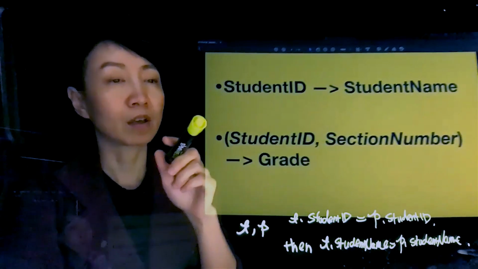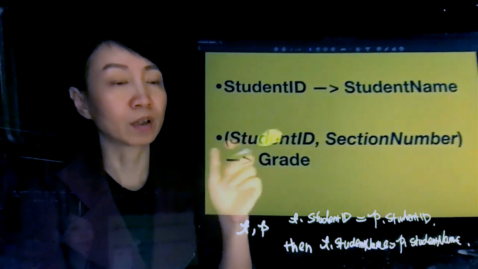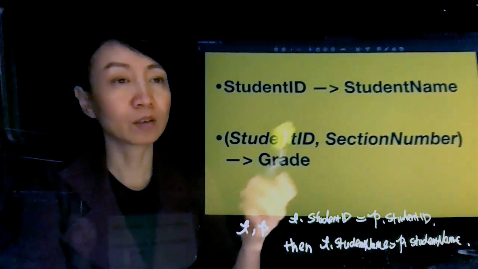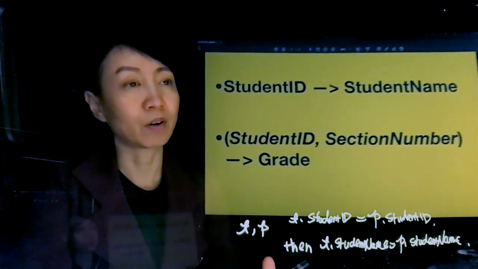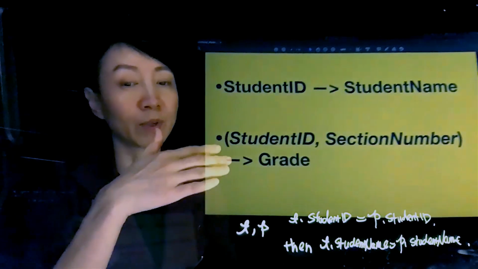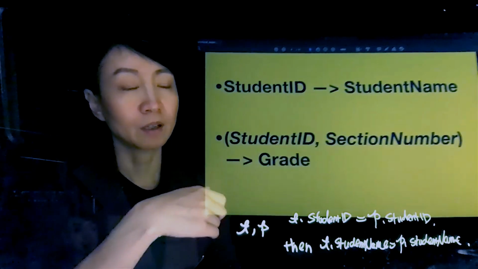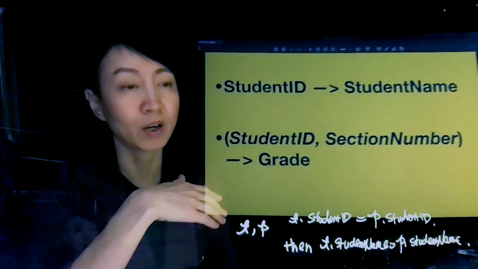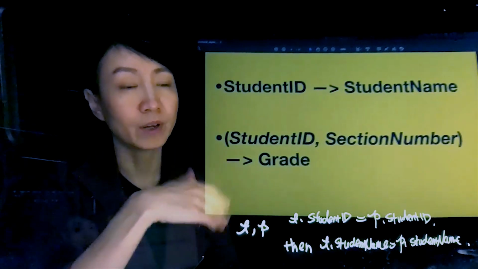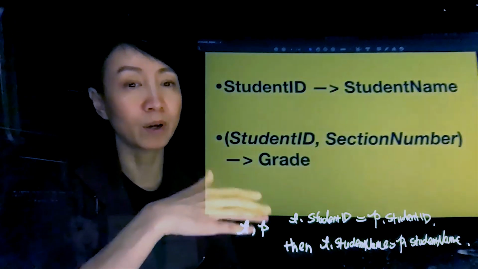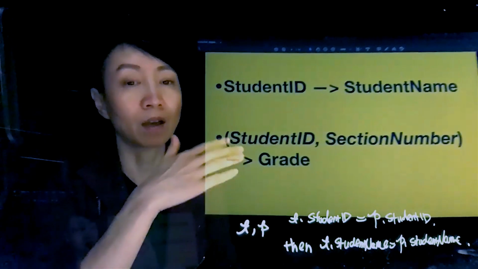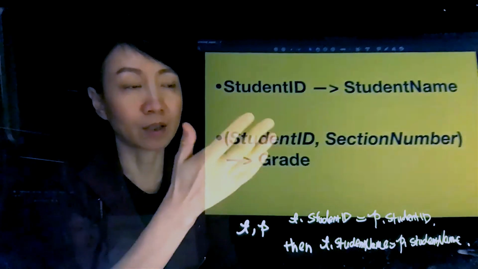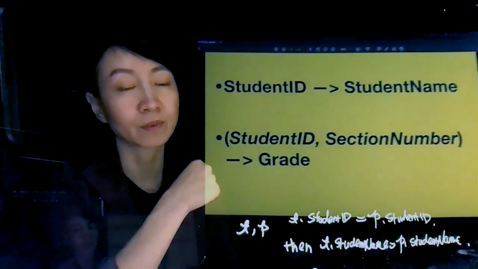The second one is student ID and section number determines grade. This is also a case you will see very often. Assuming you have a transcript, on the transcript you have a number of grades, each grade from one class, specifically from a class section. If a class has multiple sections, that's why we say section number.